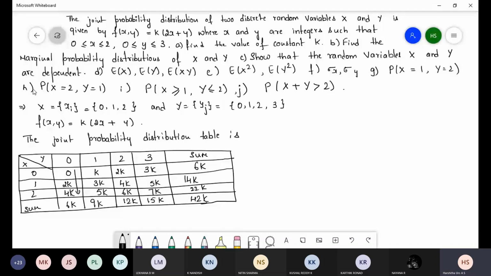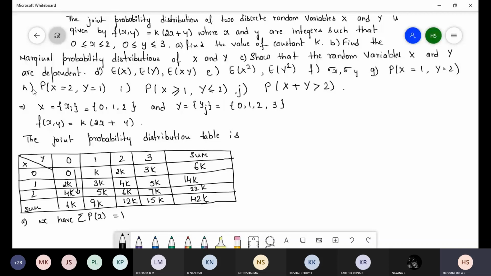Now, for the first one, we are using the probability distribution method, that is, the sum of p of x must be equal to 1.